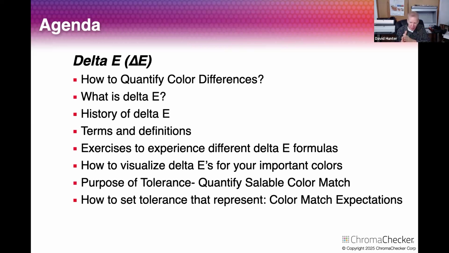And as long as you manufacture within a 3, it's good. If you don't manufacture within a 3, it's bad. And that's the hope of what Delta E provides. But as you'll see, Delta E often fails on this process. But we have a new way that fixes that and addresses that. And we'll talk about how to set the tolerance that actually represents color match expectations.